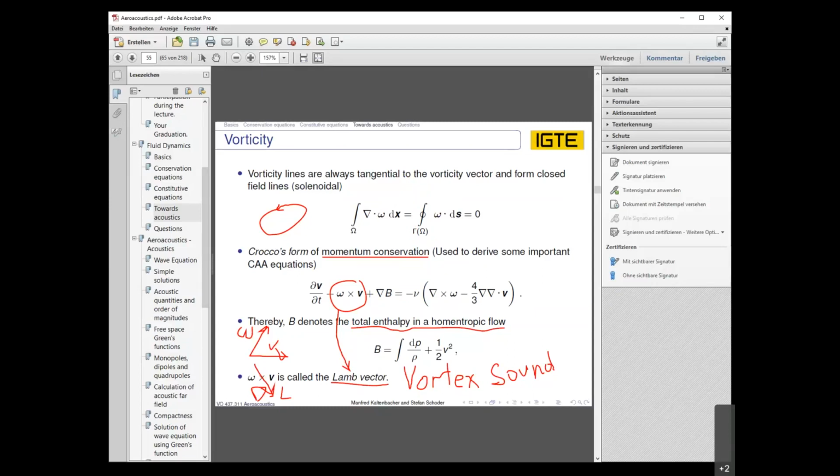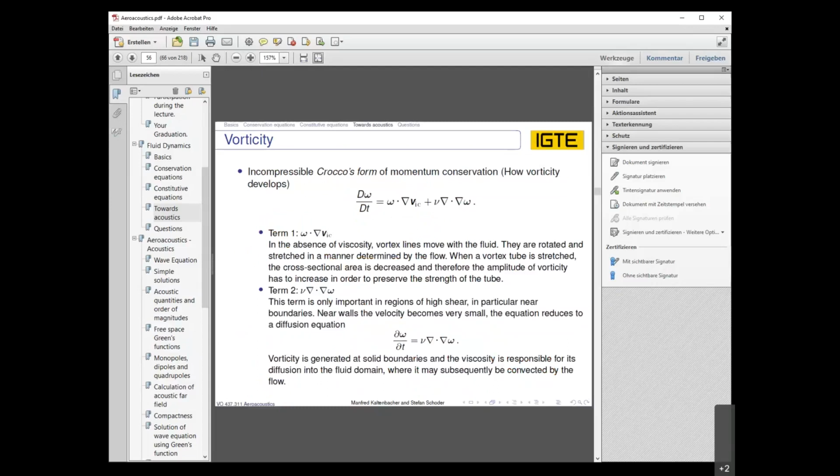Then we go on with the next slide. Having this Crocco form of the momentum conservation, we can develop a vorticity equation. The vorticity equation is here, and we have two terms.